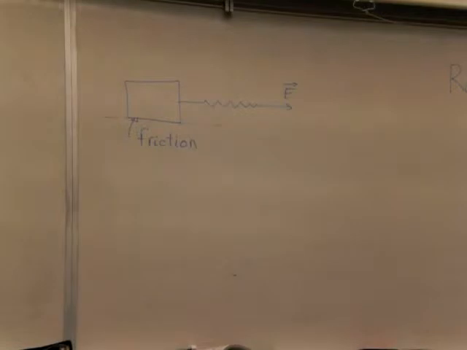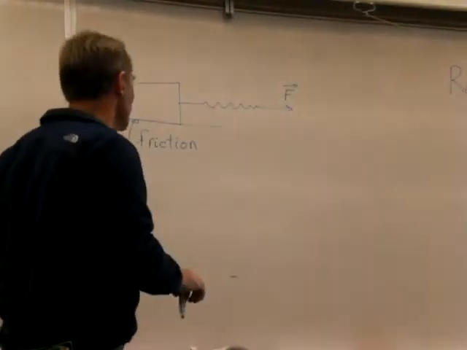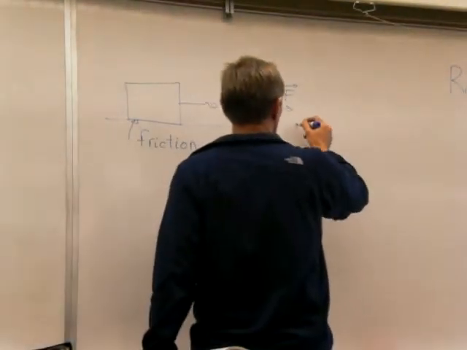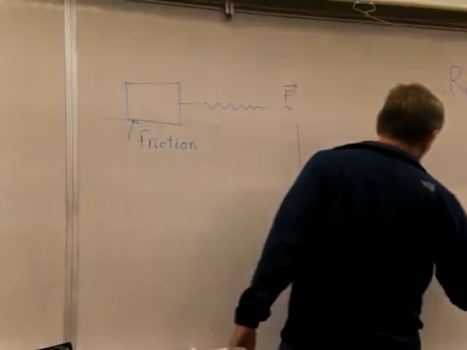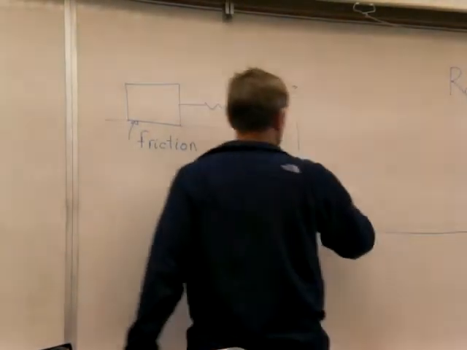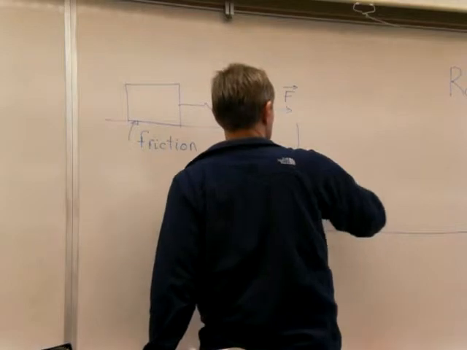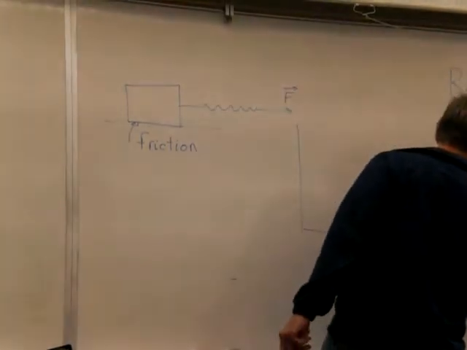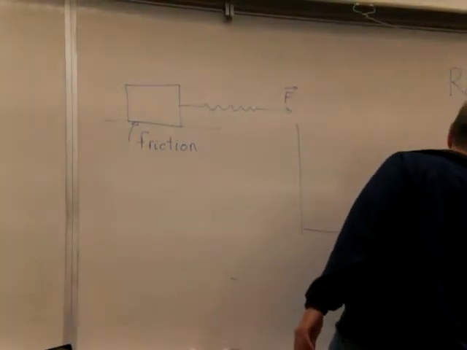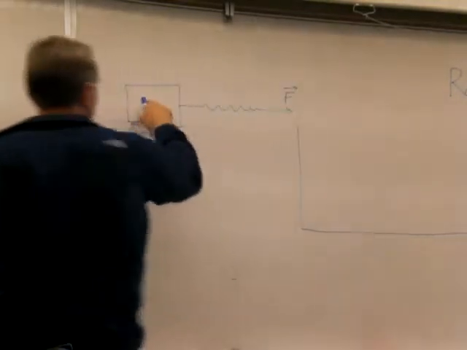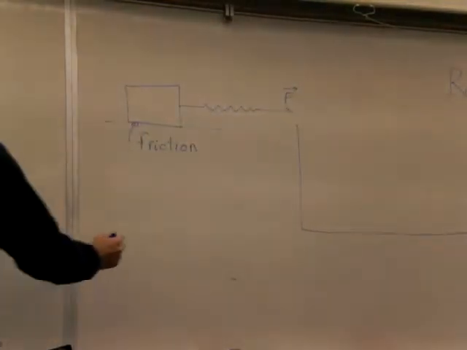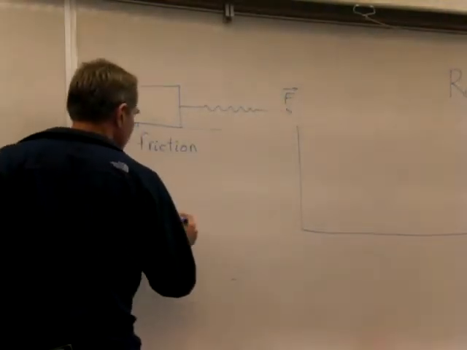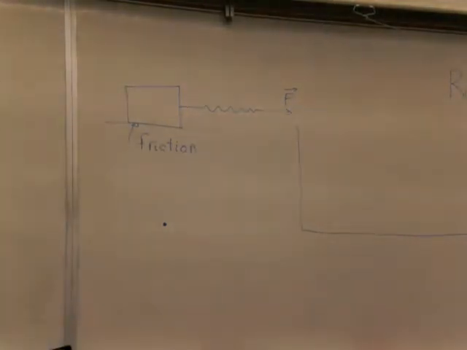So back to the friction example here. Now what you can do is plot, well, let's do the free body diagram first of the block. What are the forces acting on the block? Force of tension.